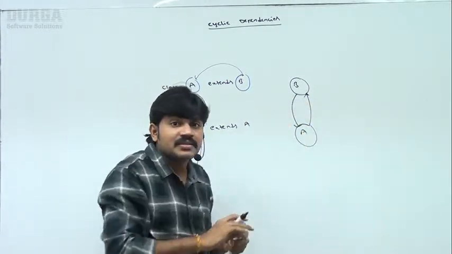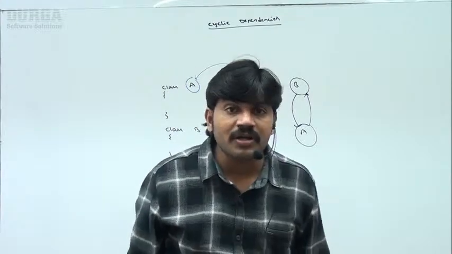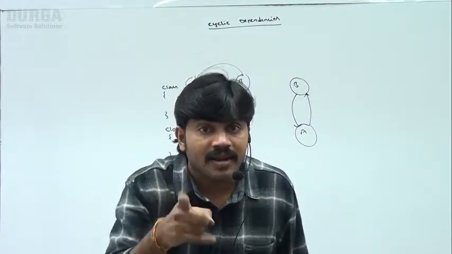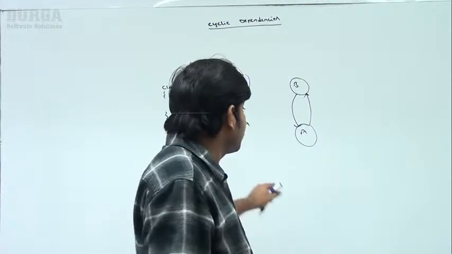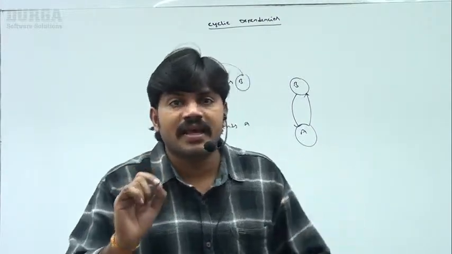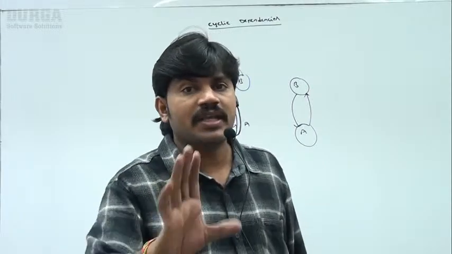Cyclic. Such type of inheritance is called what? Cyclic inheritance. Remember that. If you try to do cyclic inheritance like this, the compiler will give an error, because cyclic inheritance is not allowed in Java.